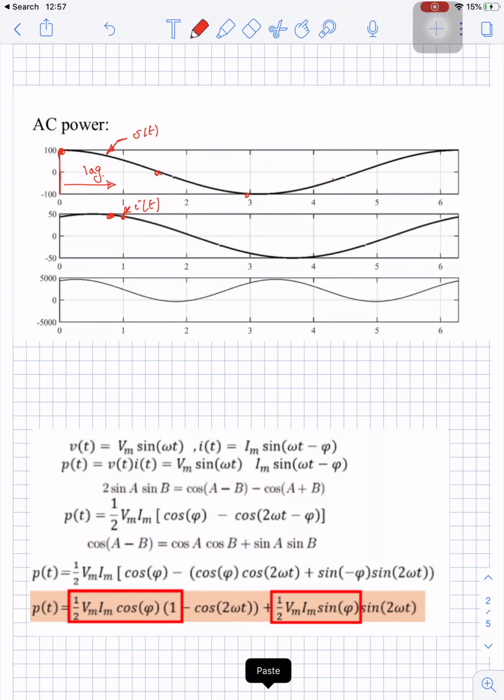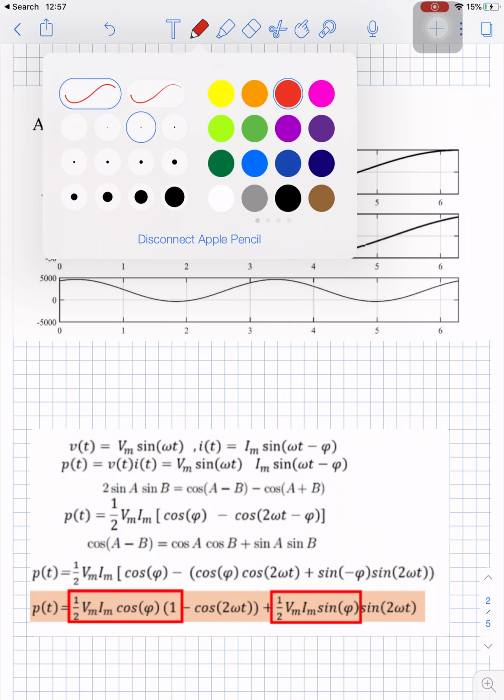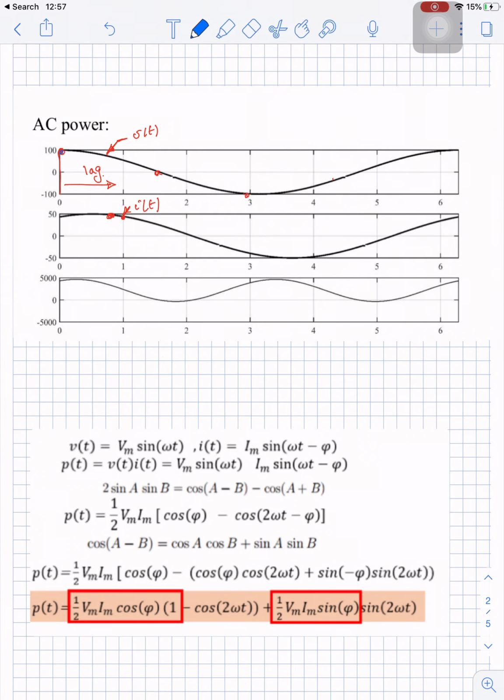by a number of degrees. To get the power, we need to take the voltage and multiply it by the current at each time instant. This will give us this form, and this form is P of t.